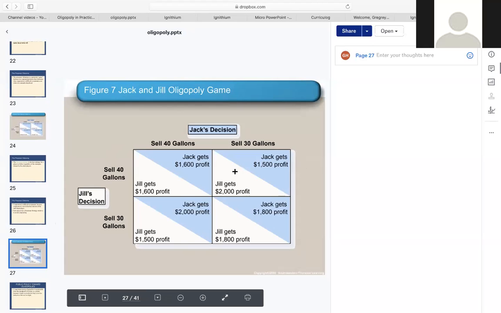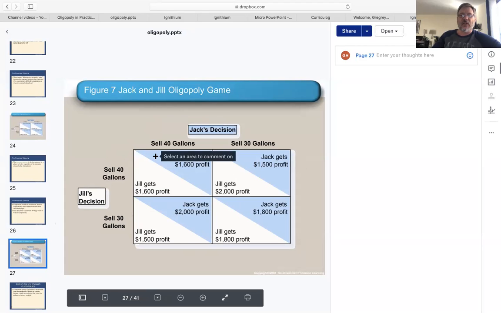This is a case where there are supply decisions, and we can analyze it the same way. It's not really clear what's cooperative here, but I will clue you in that selling less drives up the price more.